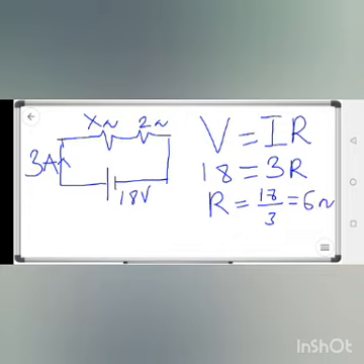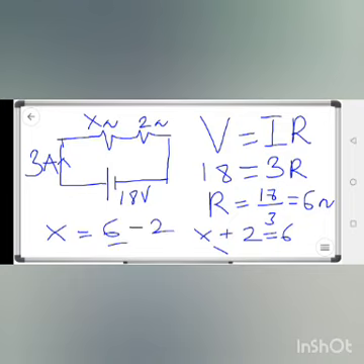What that means is, if I add the value of X to 2, I should get 6 ohms. So X plus 2 is equal to 6. Then by default our X should be equal to 6 minus 2, and 6 minus 2 is equal to 4 ohms.